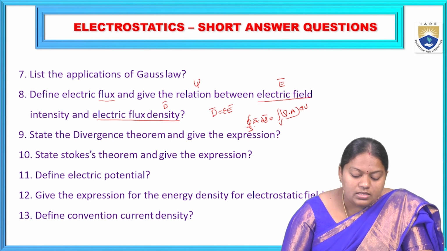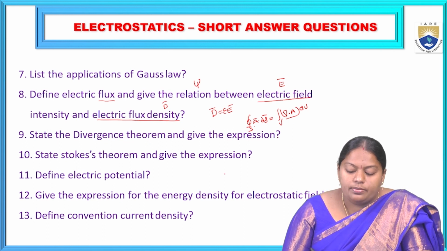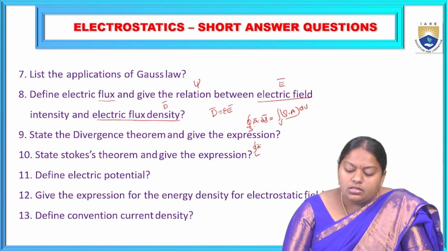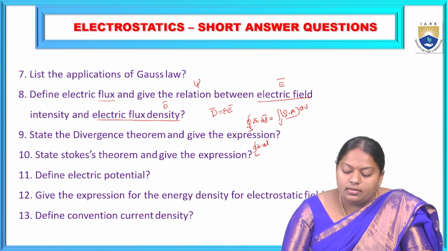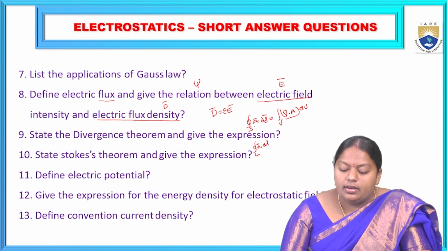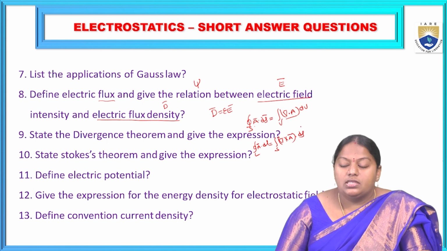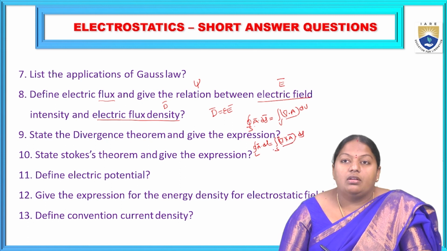Next, state Stokes theorem and give its expression. The line integral of any closed path is represented with L, that is closed line integral over L of A dot dl is equal to integral over S of del cross A dot dS, where del cross A bar represents the curl of a vector field.